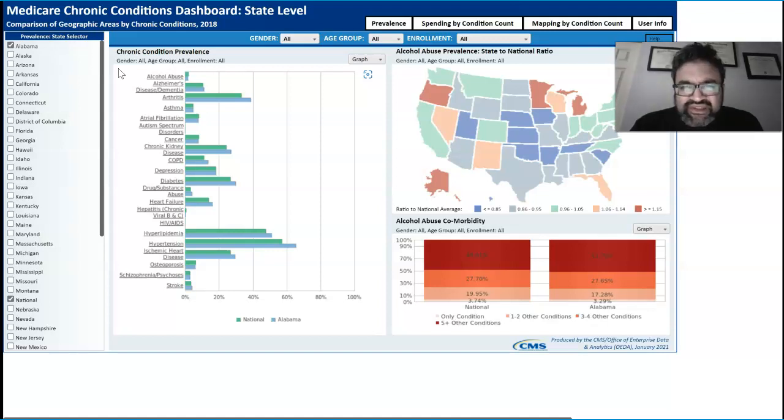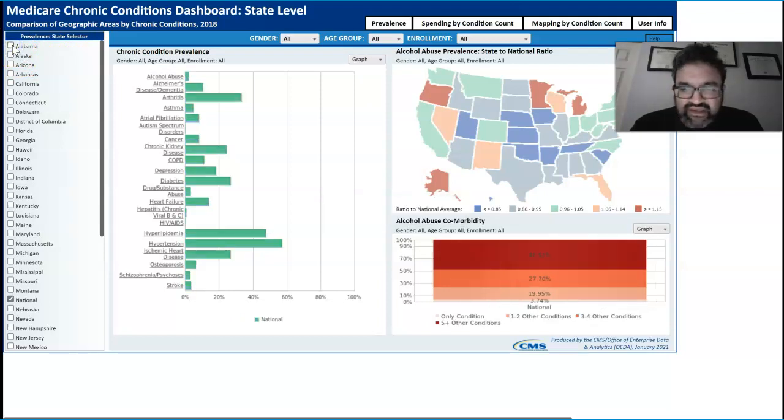So this is looking at the whole United States, and looking at how many people have alcohol use comorbidity. And so most people with alcohol abuse, 48% actually have five plus other conditions.